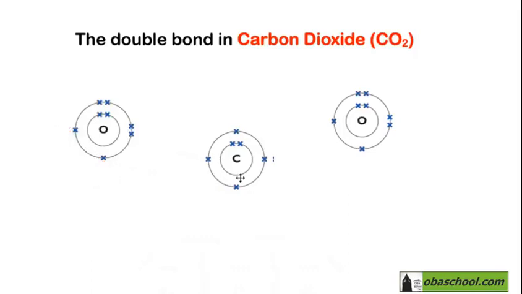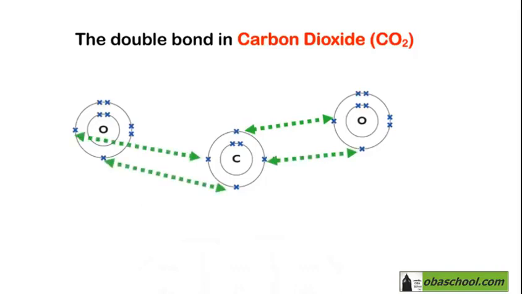As for carbon, it has four unpaired electrons in the outermost shell. We conclude that oxygen needs two electrons and the second oxygen also needs two, while carbon needs four.